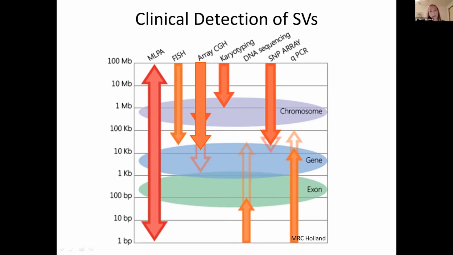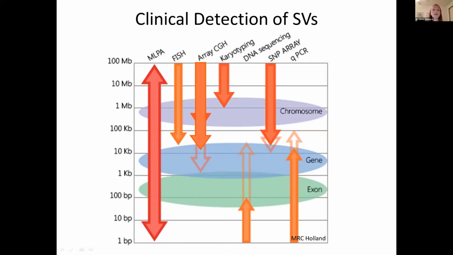FISH will get you a little bit better, but it's a targeted assay, so you have to know exactly what you're looking for and is not practical on a genome scale. Array CGH is genome-wide. However, it does have a limitation based on probe spacing, and it will get you down to about 25 kb.